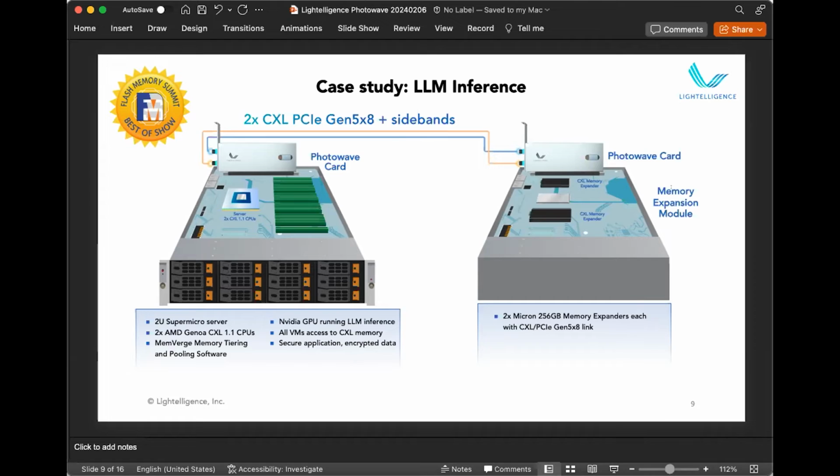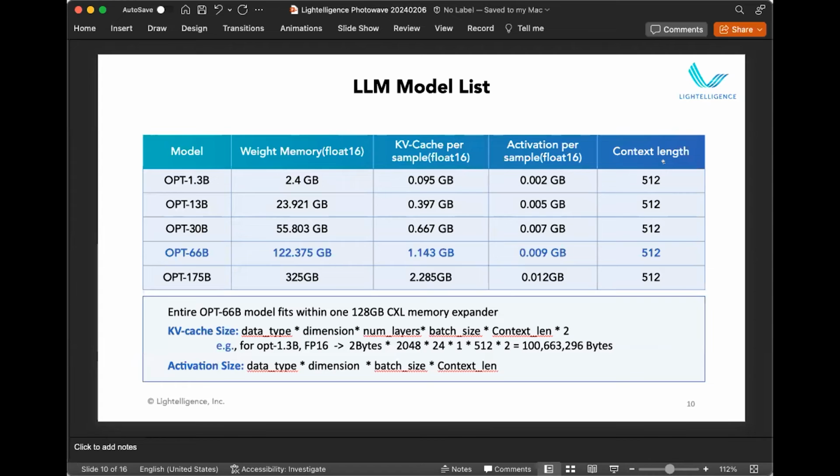This was a purpose-built piece of hardware for the demonstration where we could connect to 2 CXL memory expanders using an FPGA. So this was the demo setup.